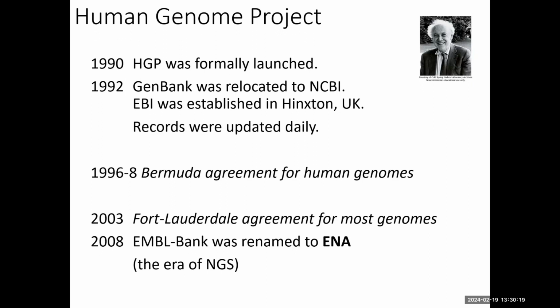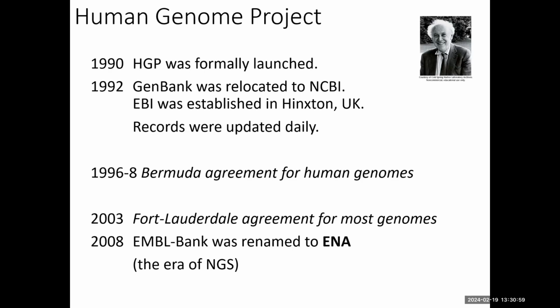From 1996 to 1998, in three consecutive research agreements, all researchers confirmed the immediate publication of human genomes, mainly because of the very competitive and severe race against Celera Genomics, a commercial company who claimed to publish all human genes before the International Human Genome Project.